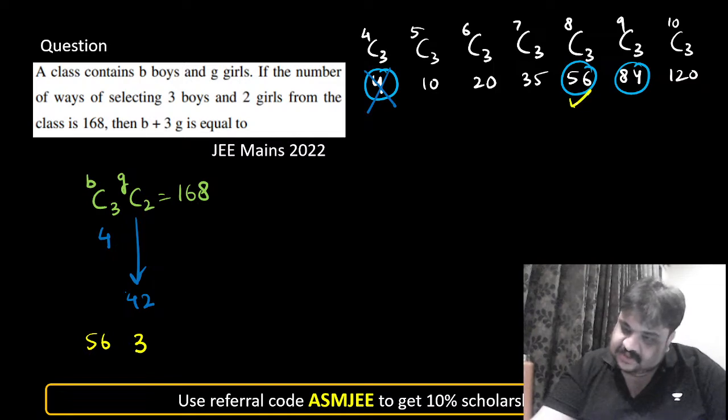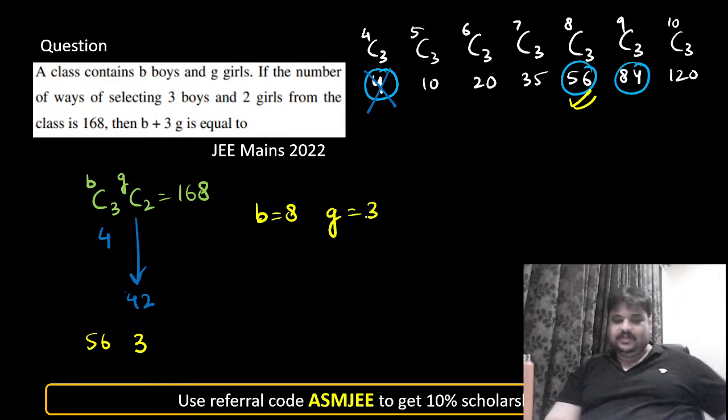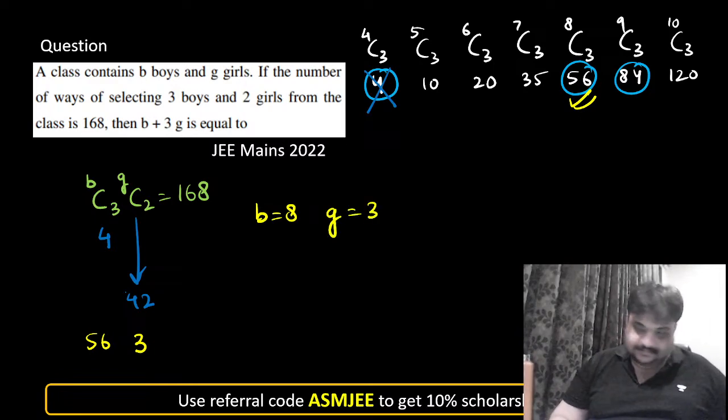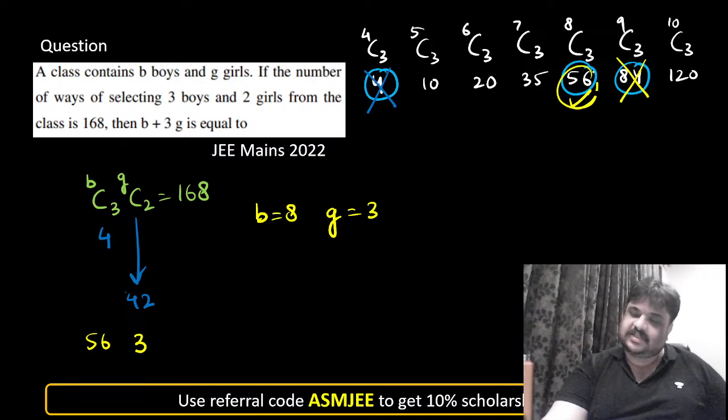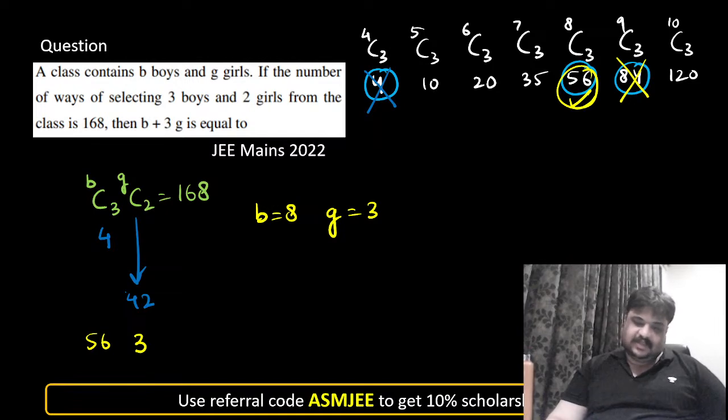Yes, this will work. B is 8 and G is 3. Since this is a mains question, we don't need to check further because this has worked. So B is 8, G is 3.